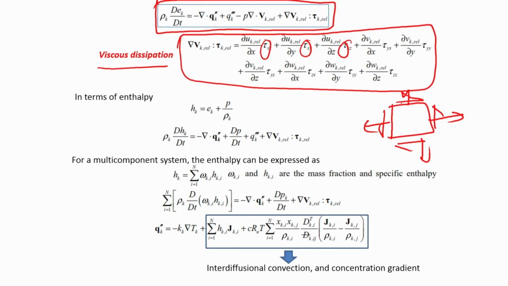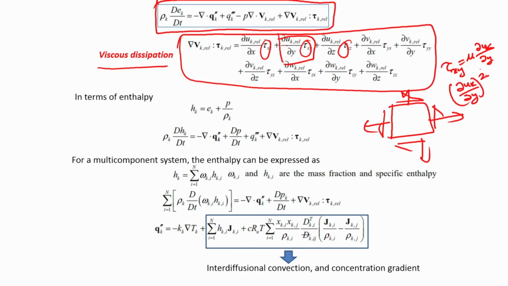Now, if you look at this particular expression, say for example, let us take tau xy. Tau xy, as per Newton's law, is something like this, the constitutive relationship that you all know. Now, if you look at this term and this term, this is one of the viscous dissipation components. What this will give you is (du/dy) squared.